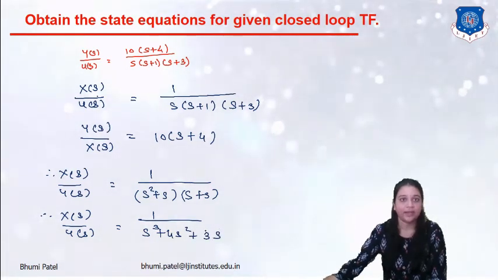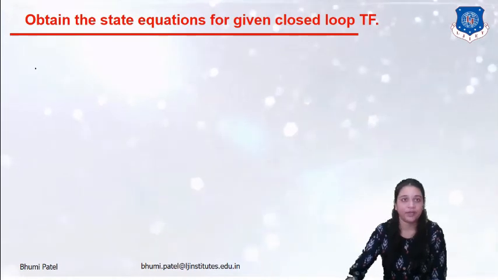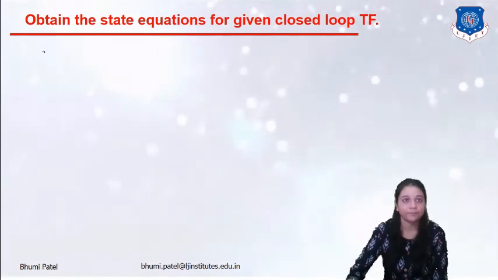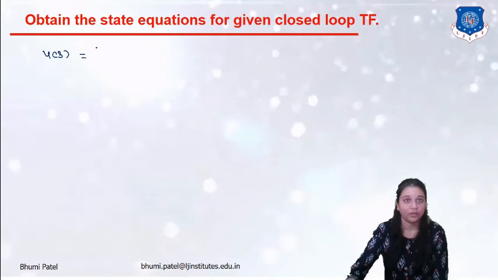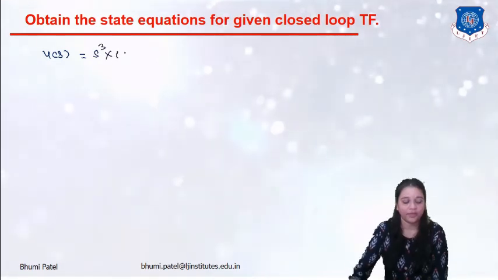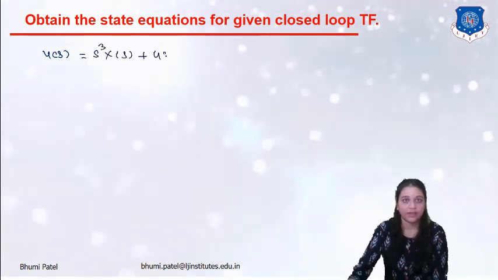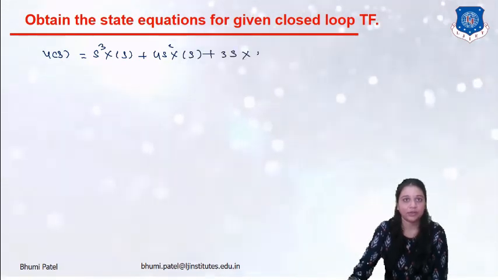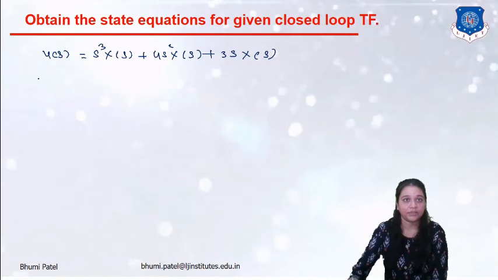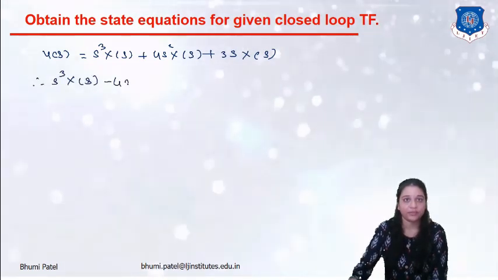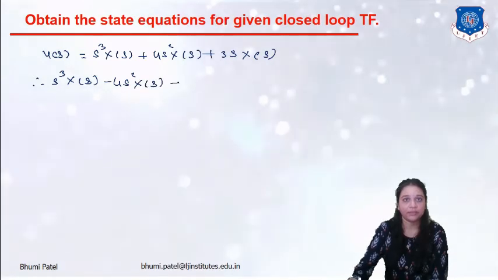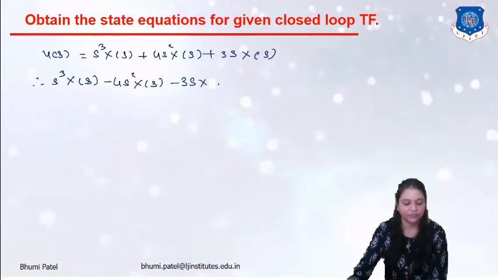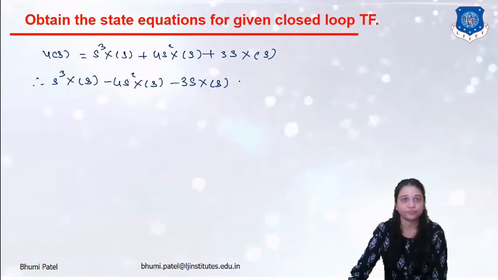Okay, so we can write the equation like this: u of s is equal to s cube x of s plus 4s square x of s plus 3s x of s.